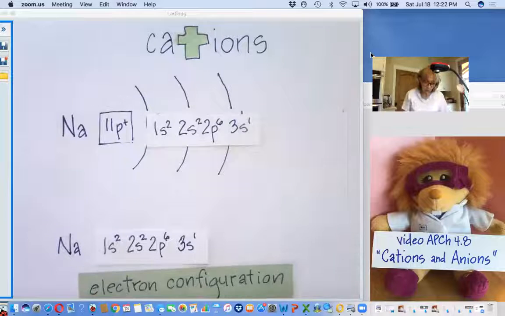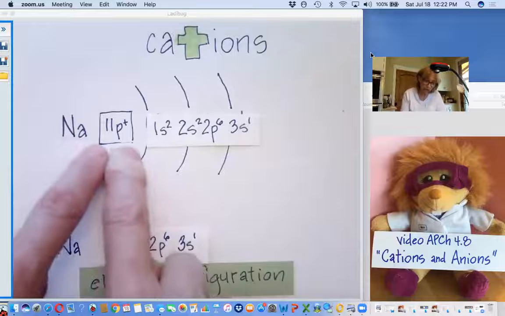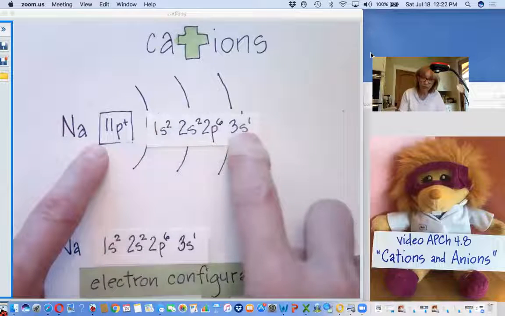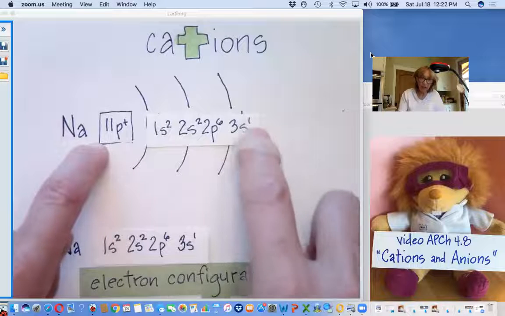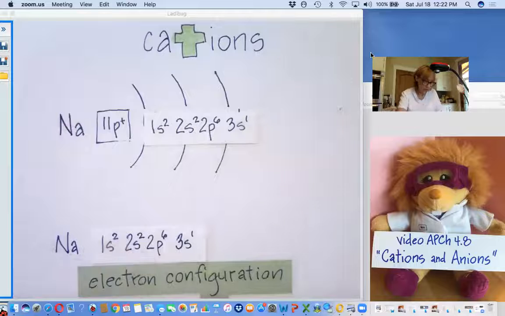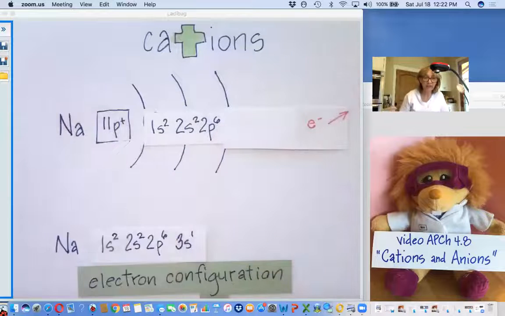But let's suppose that some energy is used to overcome the Coulombic attraction between these protons and this outermost electron. And as that energy is applied, the electron can be physically removed from the atom.